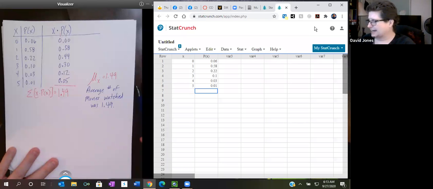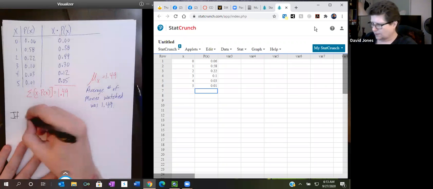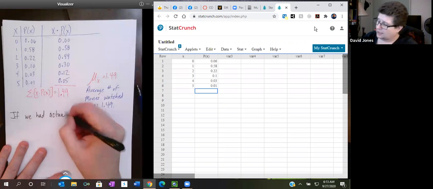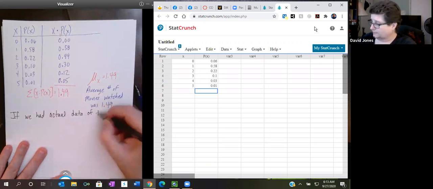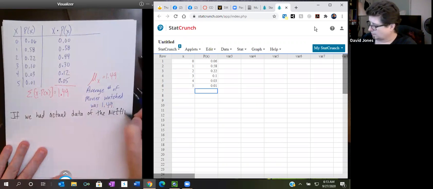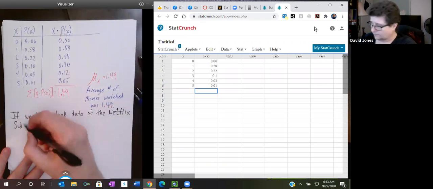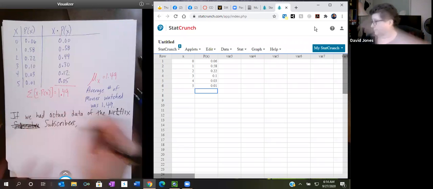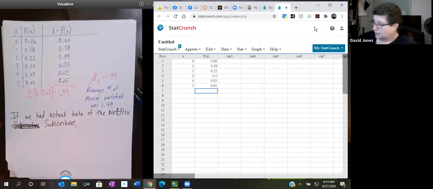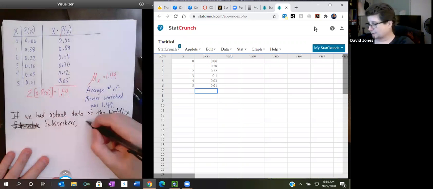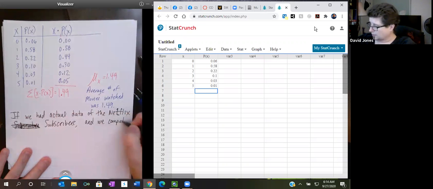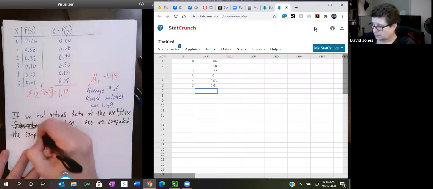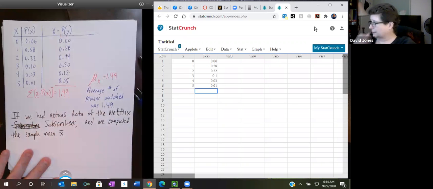Now, if we had the actual data on the Netflix subscribers and we computed a sample mean x bar, then this is what should happen.